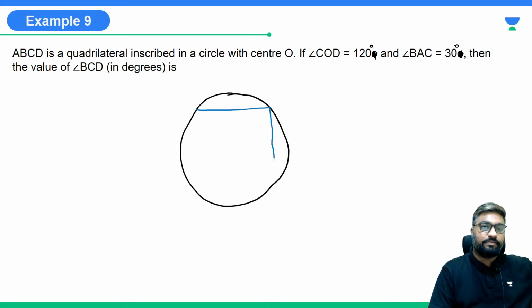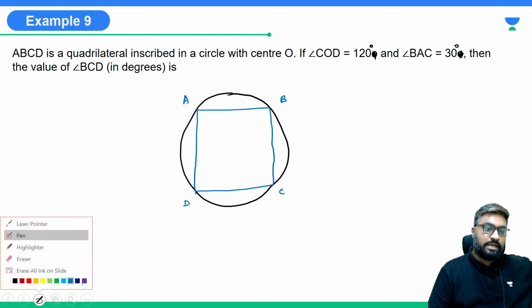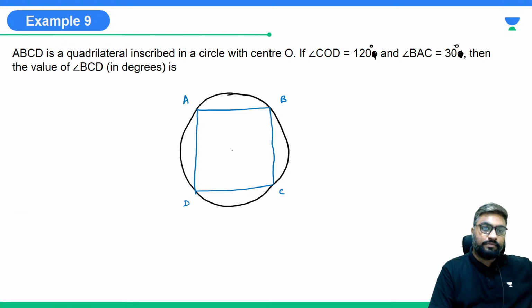Okay. Center of the circle is O. चलिए ट्राई करिए. We need to find this angle, angle BCD.